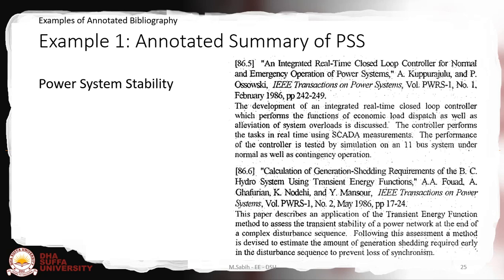For example, here, an integrated real-time closed loop controller for normal and emergency operation of power system. This is the research paper or the source, and here is the annotated summary of it, the development of an integrated real-time closed loop system, which summarizes whatever has been discussed in this. And then comes the second reference, and the paragraph after that.